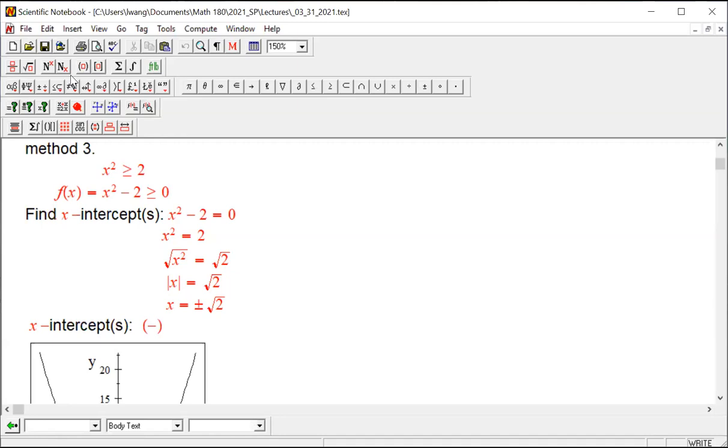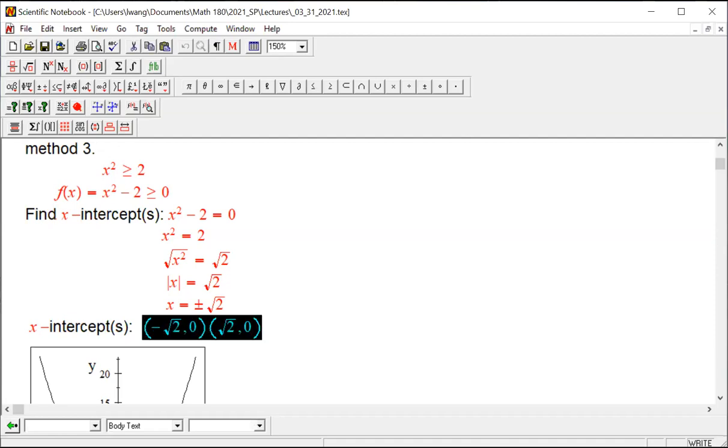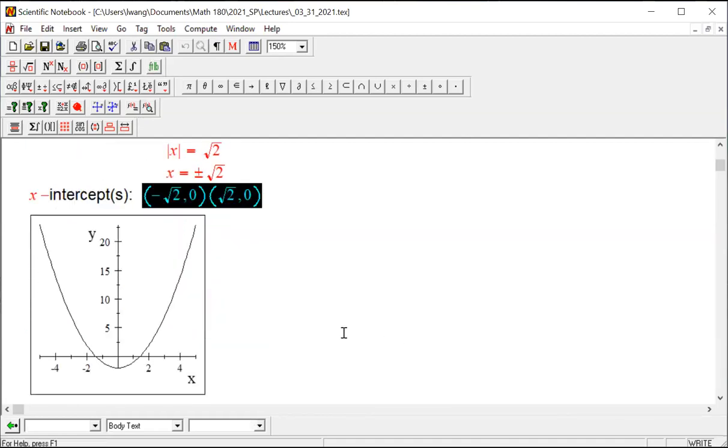One is negative root 2, comma 0, and the other one is positive square root of 2, comma 0. These 2 points are going to be on the graph, well marked.